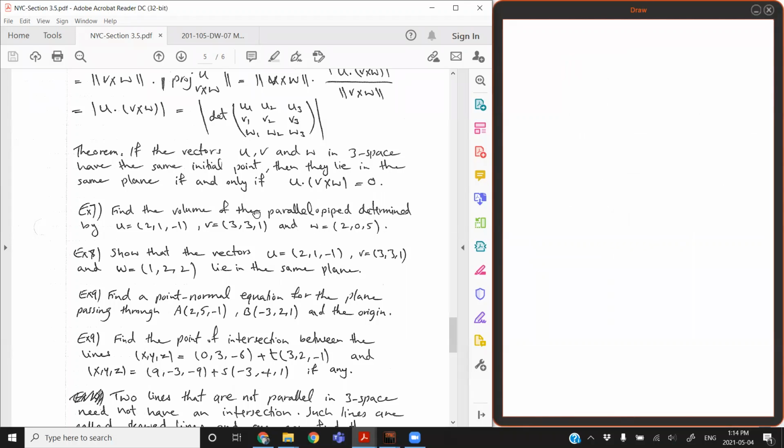So for example, if these 3 vectors don't lie in the same plane, then we have a situation like this. We have vectors that don't lie in the same plane, so they would form a parallelepiped.